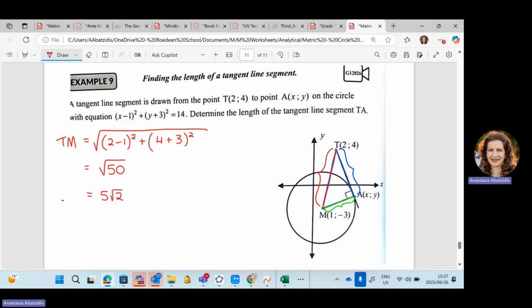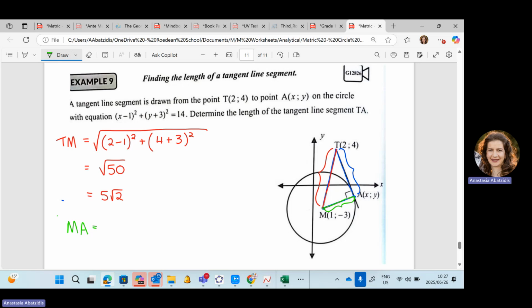What is MA? MA is the radius. How are we going to work out the length of the radius when we don't have this point? Using the formula, it's already there.